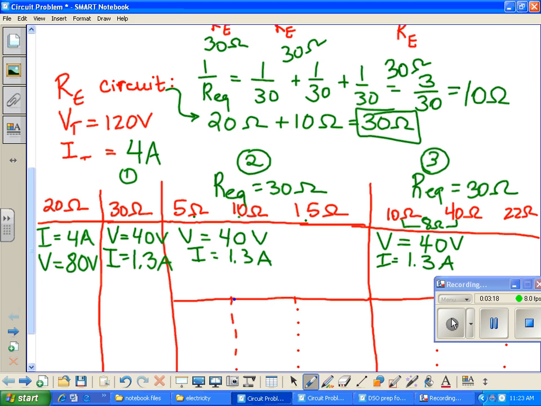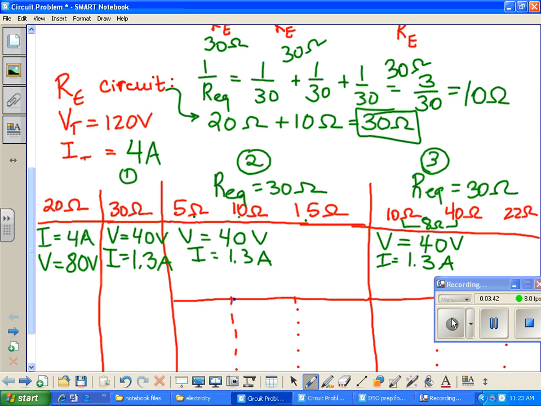From this point forward, now I can start splitting it up and solving for each resistor individually. So 5 ohm, 10 ohm, and 15 ohm, I made columns down here, and I'm going to just keep my information. Does all the current have to go through each of the resistors if they chose that second branch?